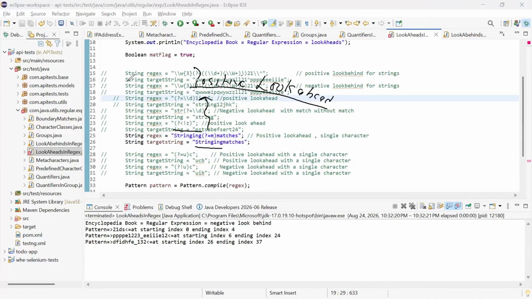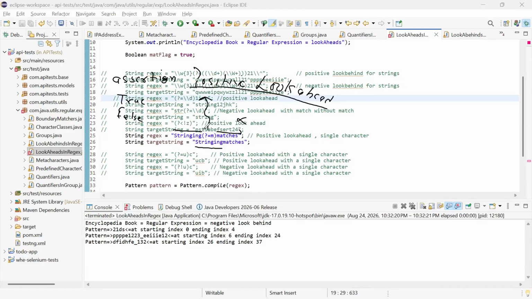Positive look ahead means it is saying I am an assertion; I'll only check for trueness or falseness. If it evaluates this expression to true, it will go ahead and match the further string left in the regex with the target string. If it fails here, then the whole regular expression fails.